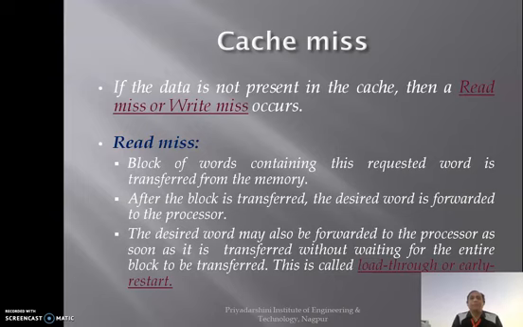When the processor generates some address and that address is not found in the cache memory, a read miss occurs. It copies the data from the main memory to the cache memory. When that particular word comes to the cache memory, it is immediately transferred to the processor without waiting for the whole block to be transferred from the main memory to the cache memory.